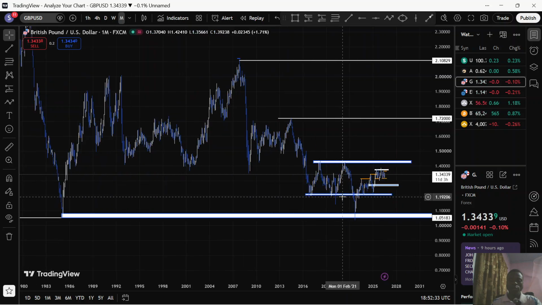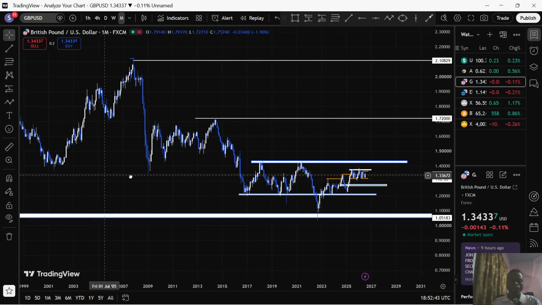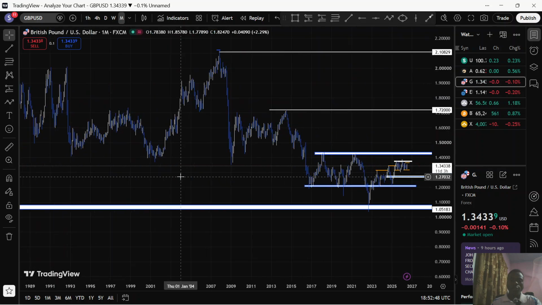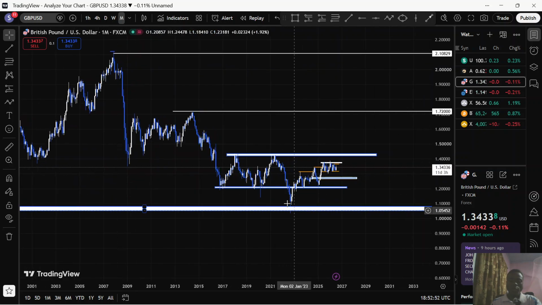Not until we hit this massive support on the monthly time frame. Yeah, you can see it. Here's the support. Immediately as GBP hit that support, here it is.